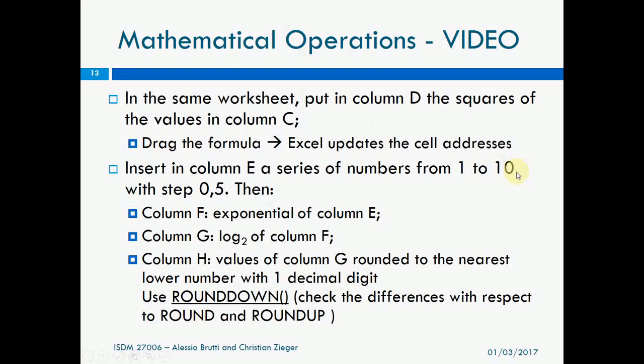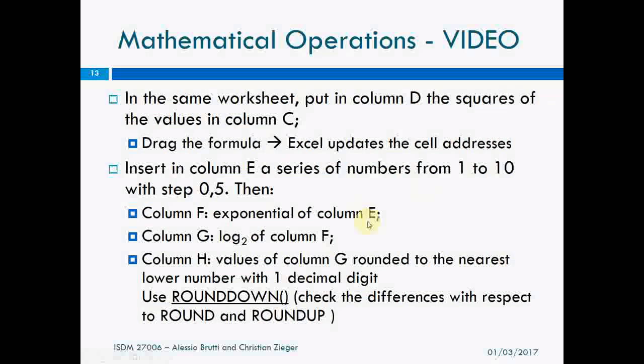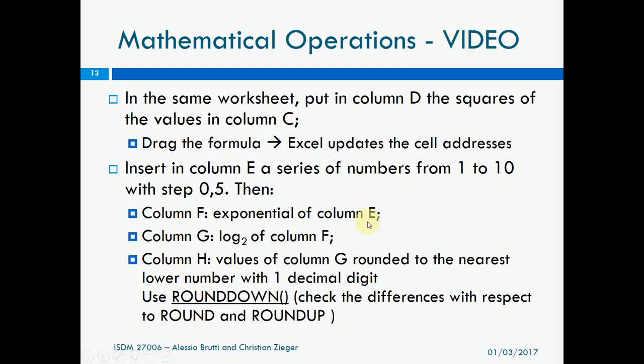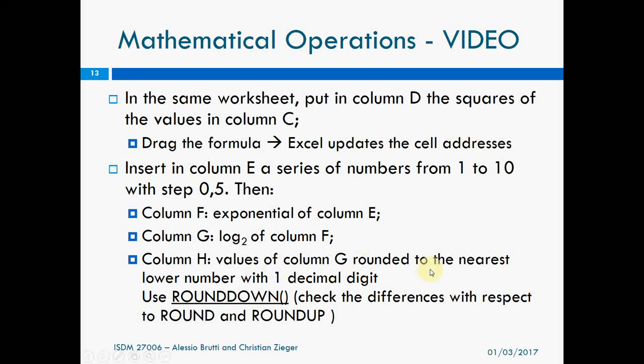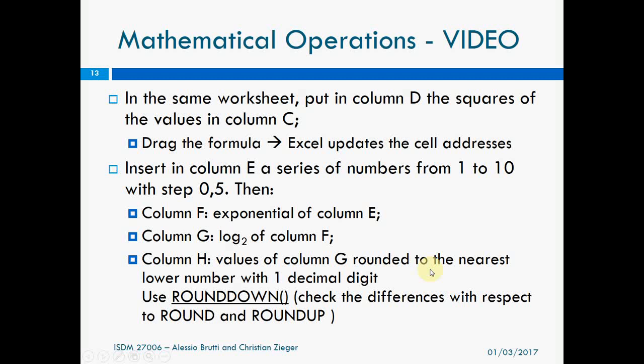Then another point of the exercise is to produce a series of numbers from 1 to 10 with step 0.5 in column E. And then in column F, you need to compute the exponential of column E. In column G, the logarithm base 2 of column F. And then in column H, you have to produce the values of column G rounded to the nearest lower number with one decimal digit.